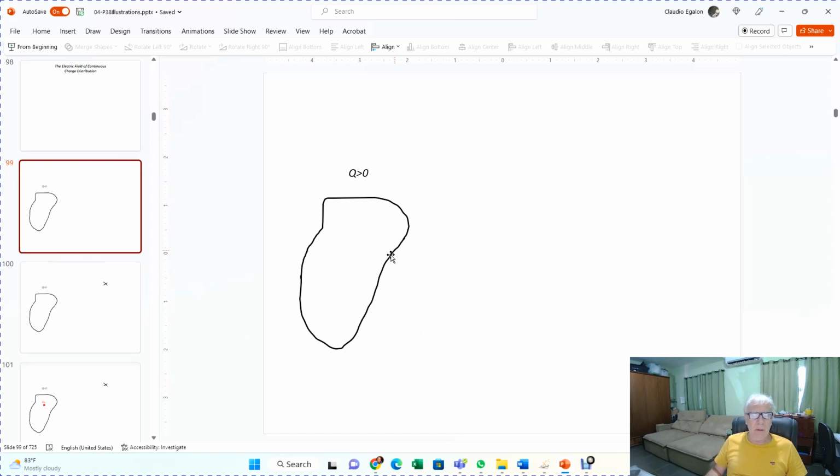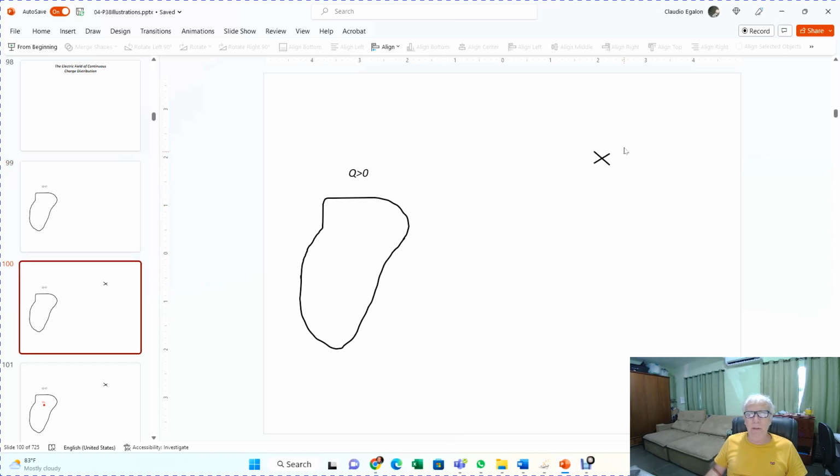It's just this 3D object that's somewhere in space, and we want to calculate the electric field at this point right here in space. There's no other electric charge here. There's just empty space in which I want to find out the electric field around this charged object.